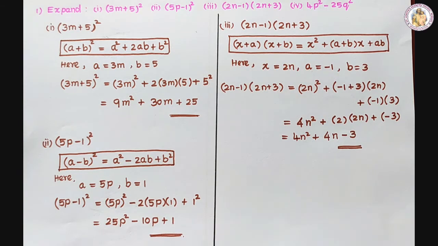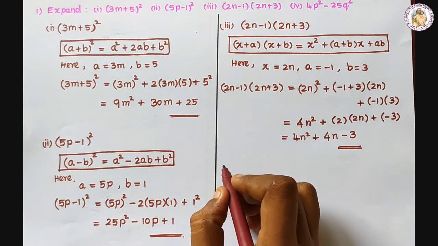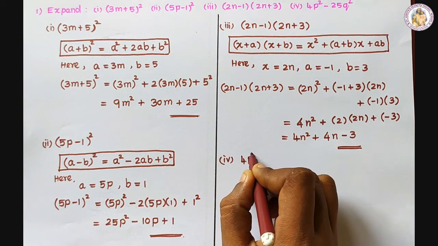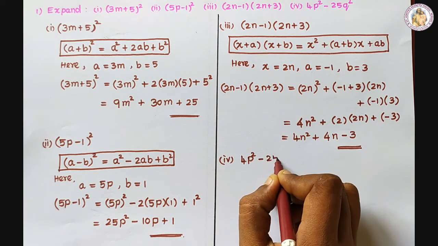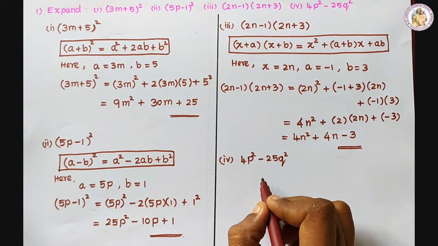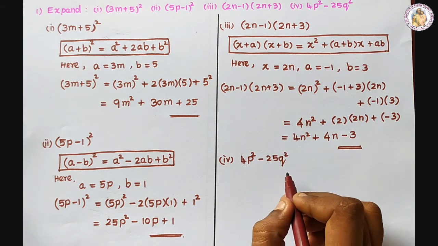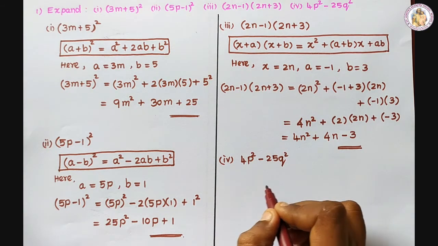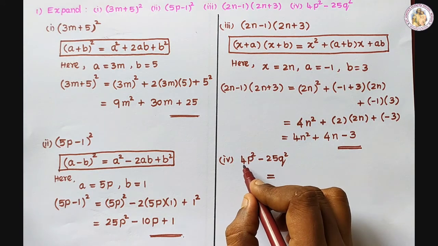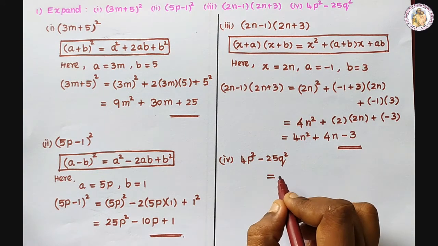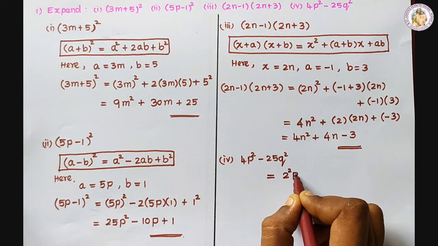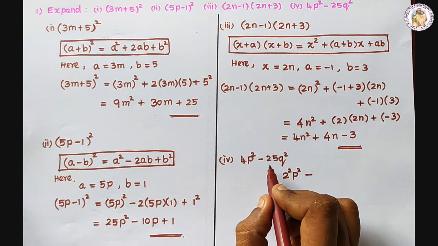Next one. 4p squared minus 25q squared. First 4p squared. 4 split into 2 into 2, so 2 squared p squared, minus 25.